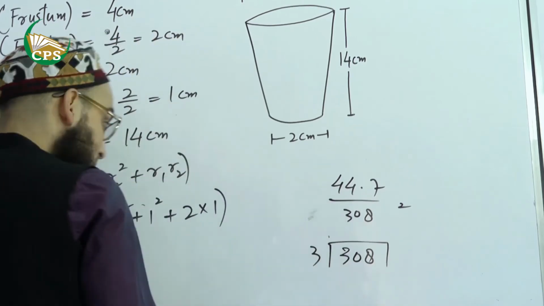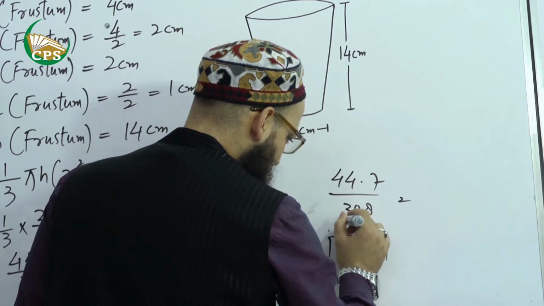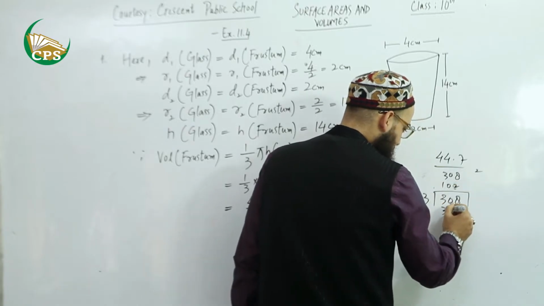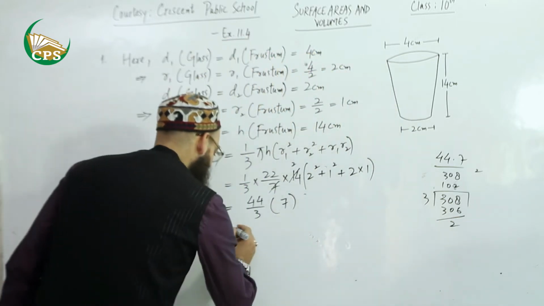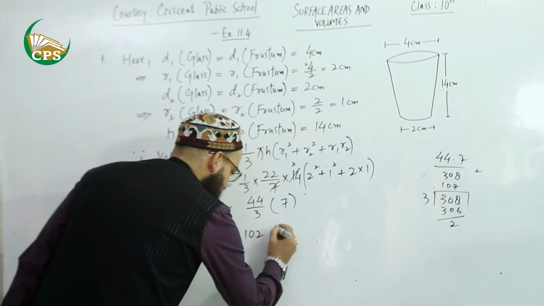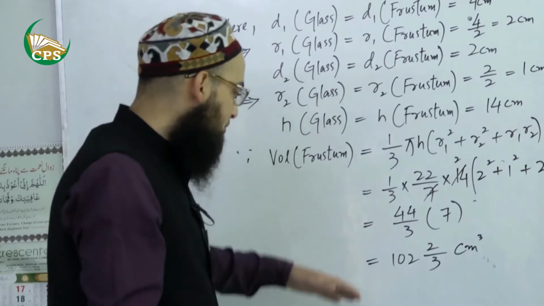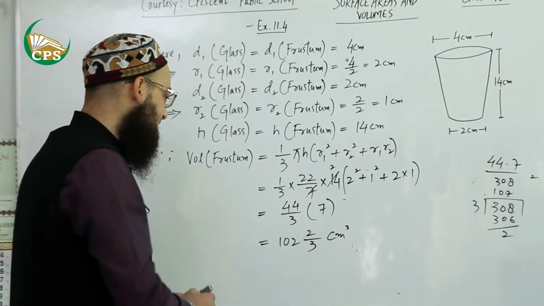Now on dividing by 3, what you'll get? 3 tens 30, 3 ones 3, 3 zeros 0, 3 sixes 18, so you got 102, then you have 2 remaining. So 102 and 2 by 3. So what we got, students? We got volume of frustum 102 and 2 by 3 cubic centimeters.